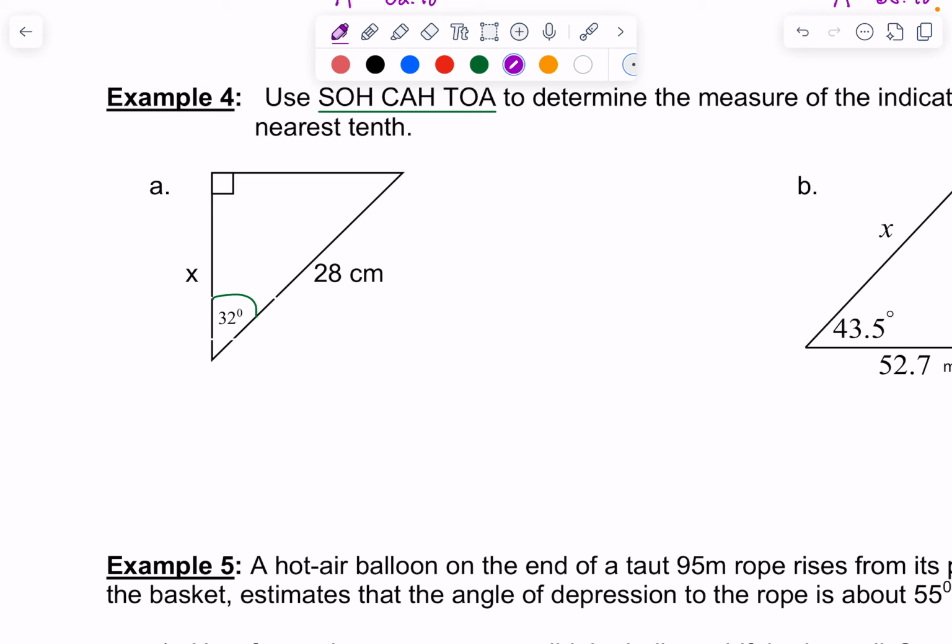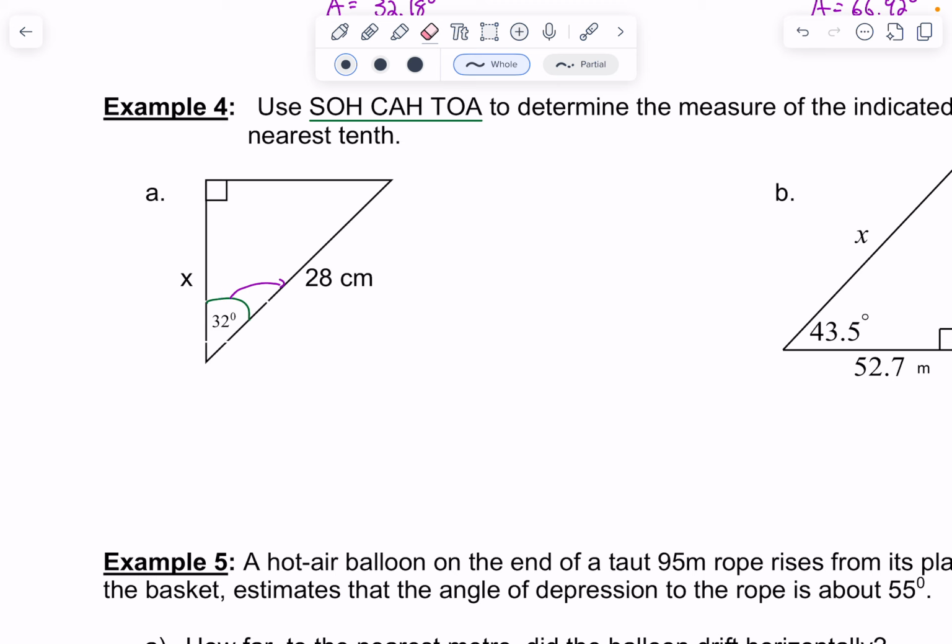I am given one right here, and I'm looking for this one right here. Relative to that angle 32, what is x and what is 28? I see I have a 90 degrees here, so opposite my 90 degrees makes this 28 my hypotenuse.